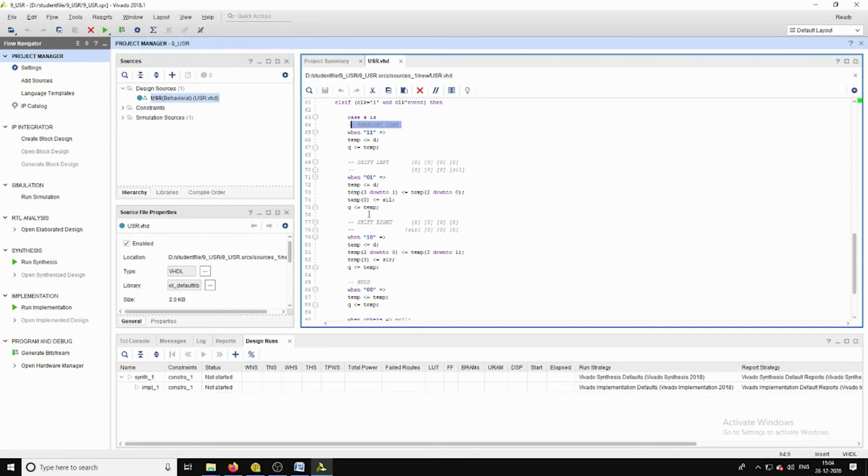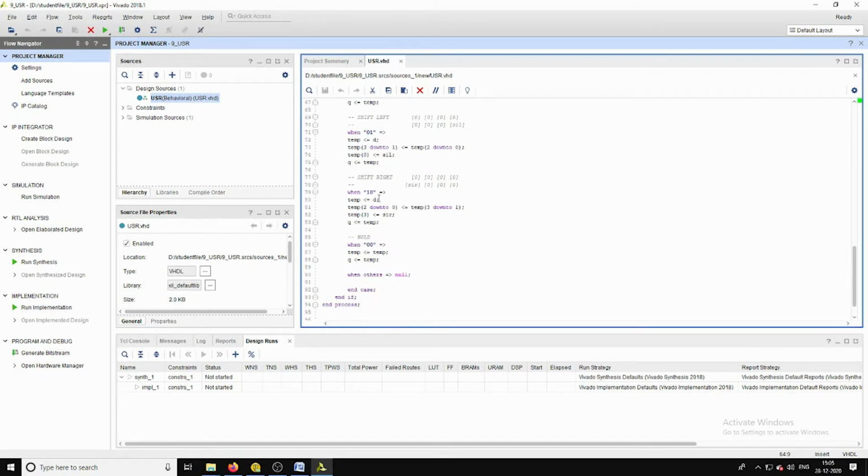That means in the LSB bit we are assigning the left shift value, and 2 down to 0 is transferred to the 3 down to 1. That means the third MSB bit is occupied with the second bit, the second is occupied with the first, and the first is occupied with the 0th location. So in this way we are performing the left shift operation.